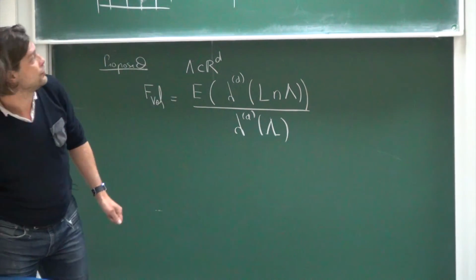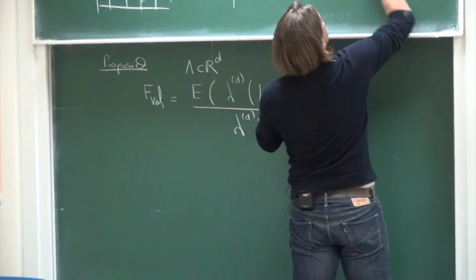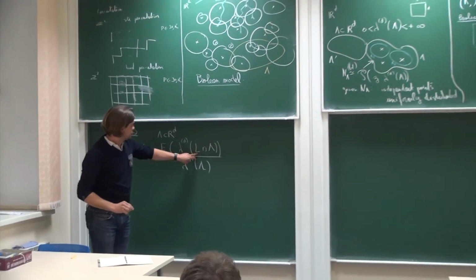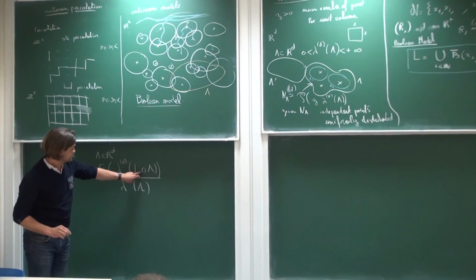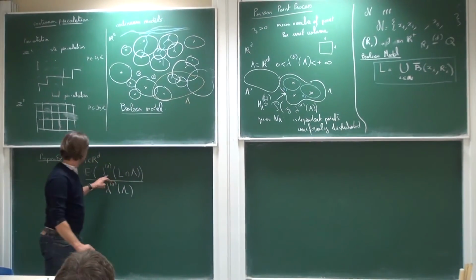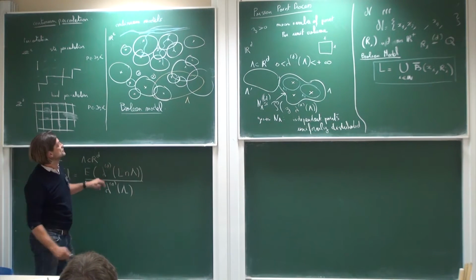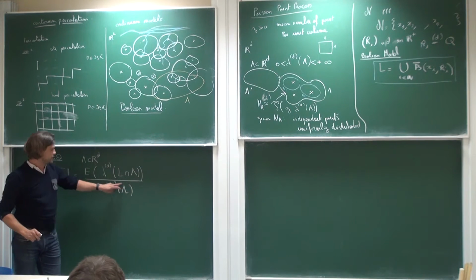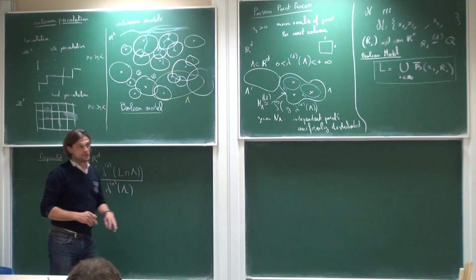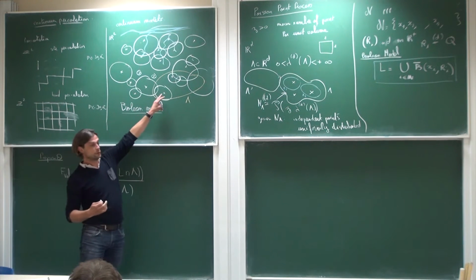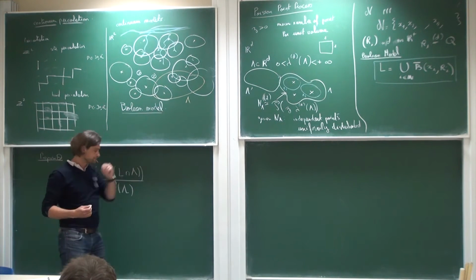I consider just a window Lambda, and this quantity L in intersection with Lambda is just the part inside Lambda. I consider its Lebesgue measure, and I divide by the Lebesgue measure of Lambda. So it's just the expectation of the fraction of the space which is occupied by the Boolean model.